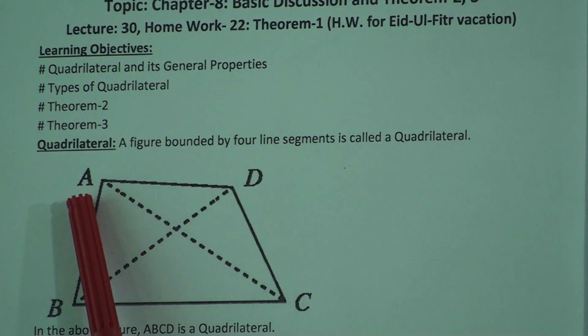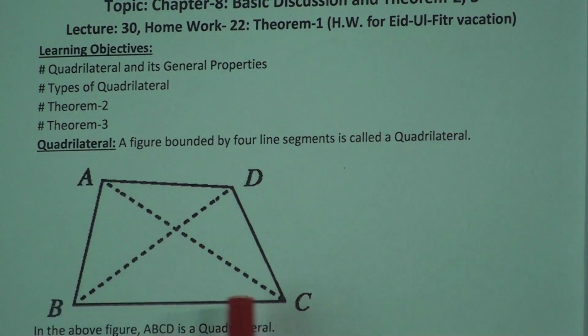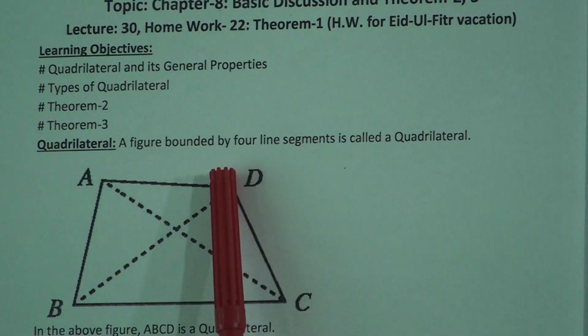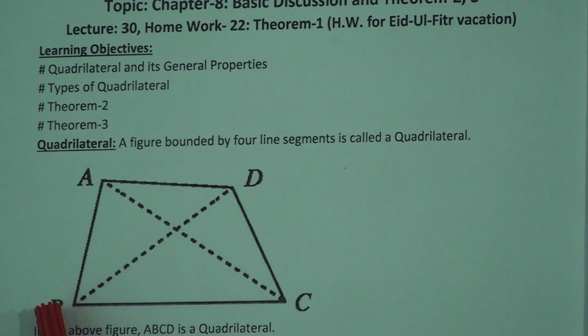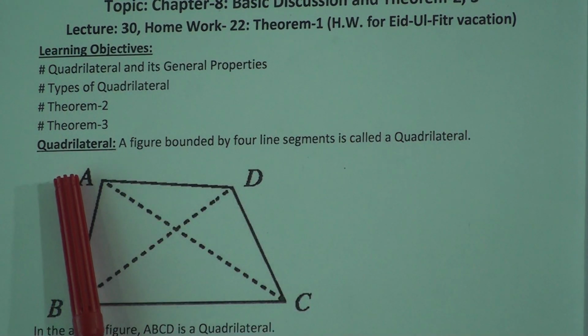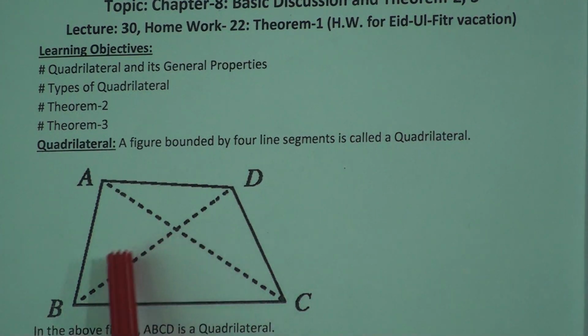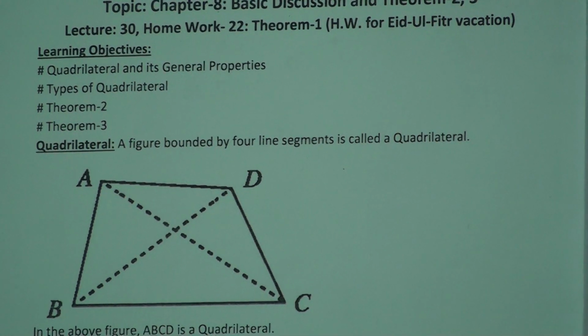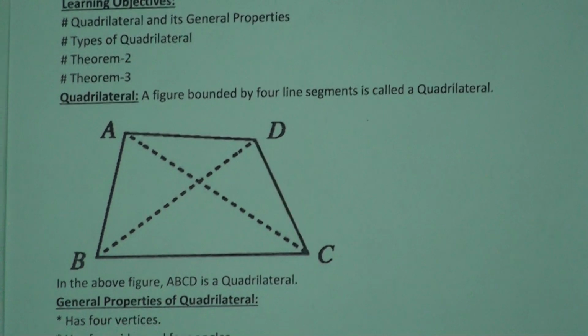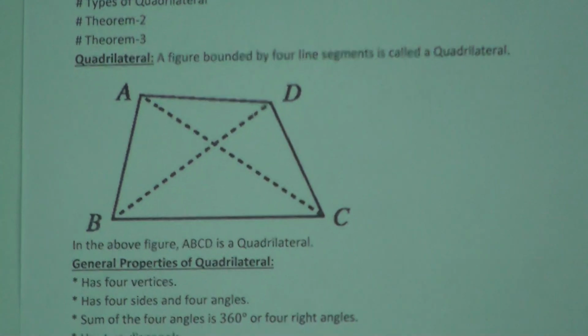It means in the figure, if you see, ABCD is a figure. This figure is bounded by 4 line segments AB, BC, CD and AD. For this, the figure is known as a quadrilateral, and I have written here that in the above figure ABCD is a quadrilateral.